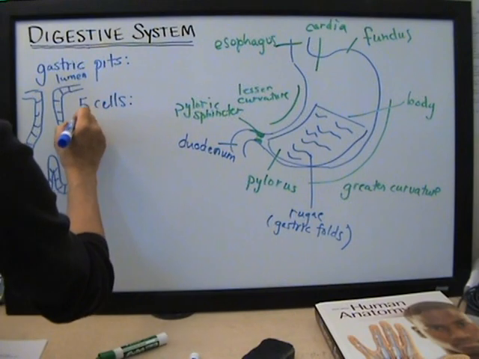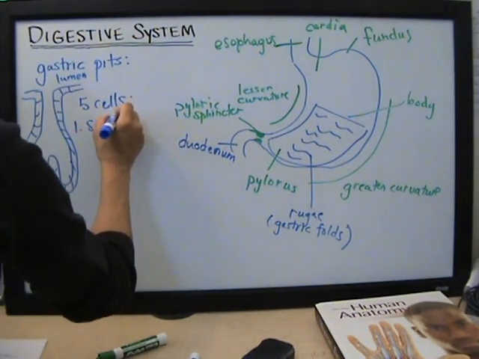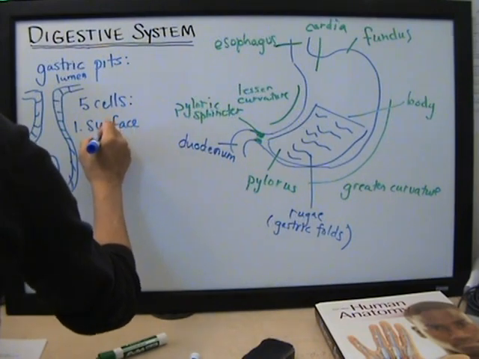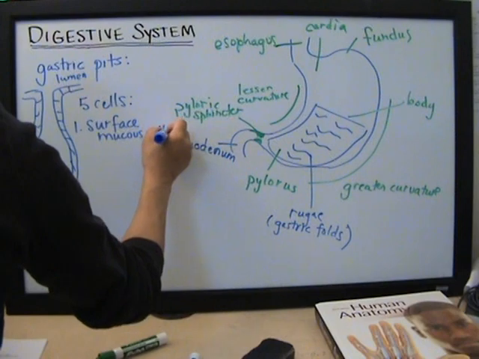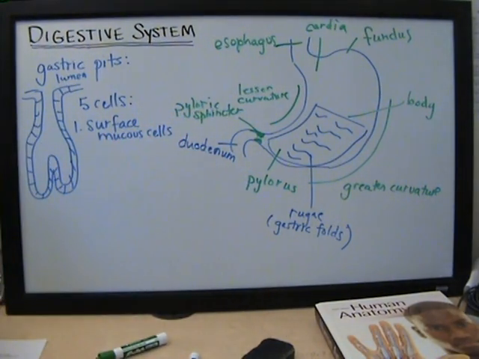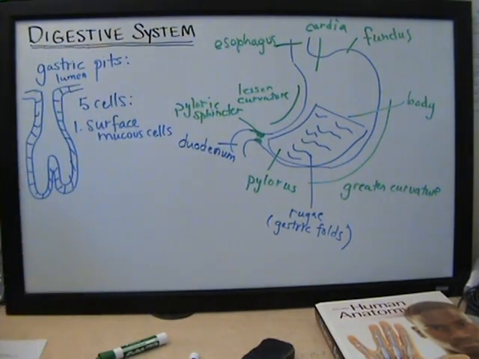found in the gastric pits are the surface mucus cells. Okay, the surface mucus cells are located here up at the surface. And what do they secrete? They secrete protective mucus.